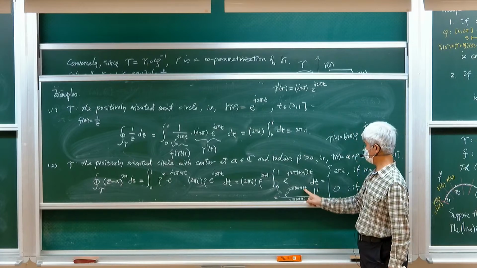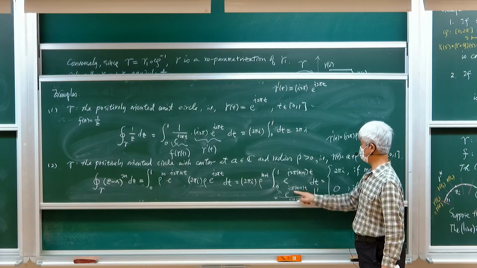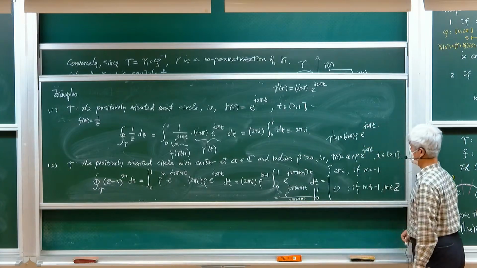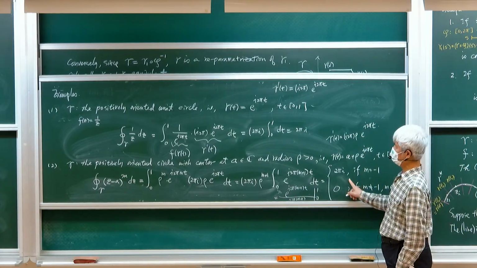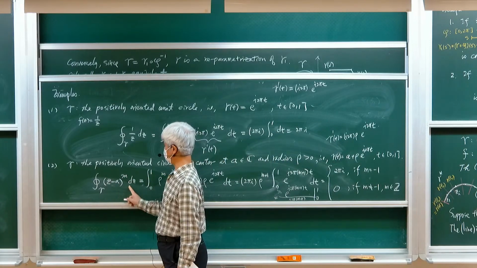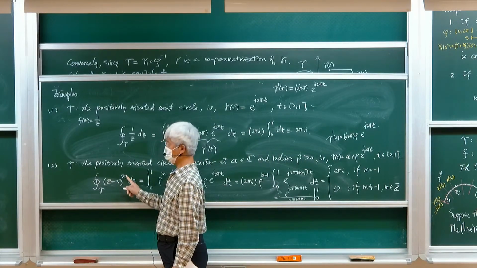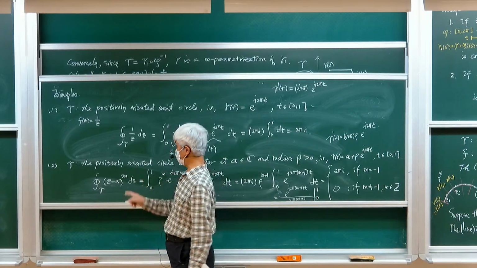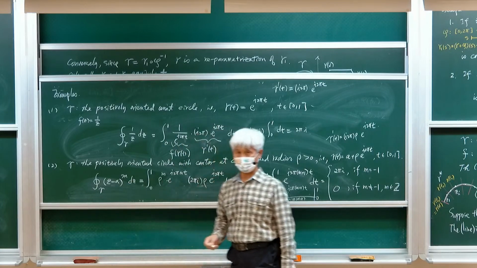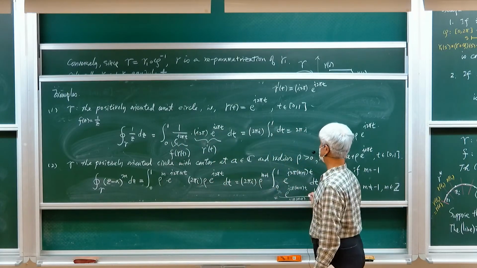So when t is 1, this is 1 minus 1, so it's 0. So this line integral is 0 when m is not equal to minus 1. But when m equal to minus 1, then this line integral is equal to 2 pi i again.